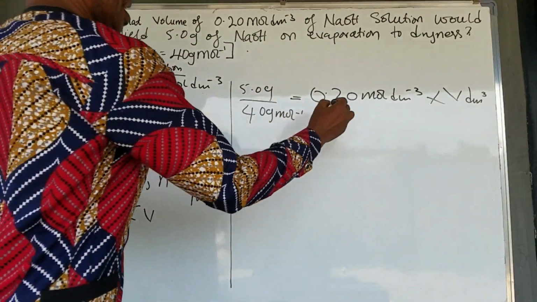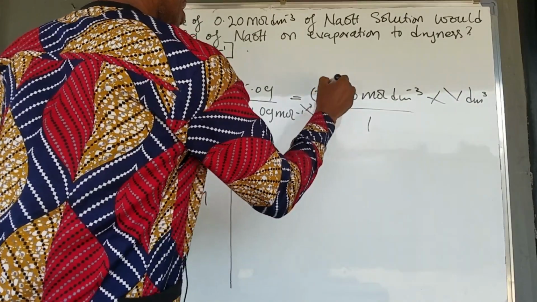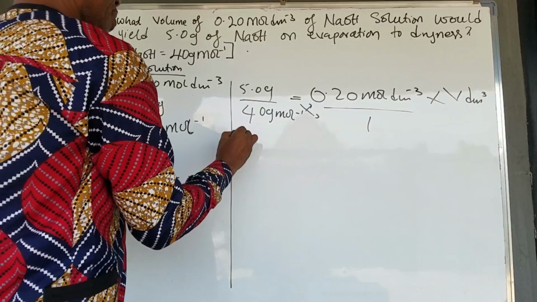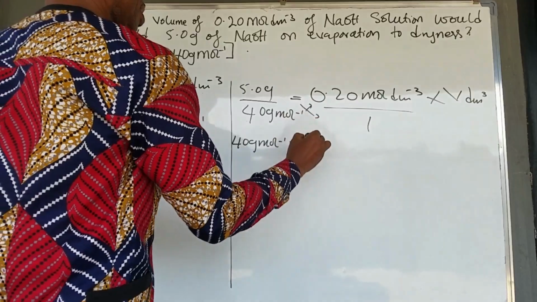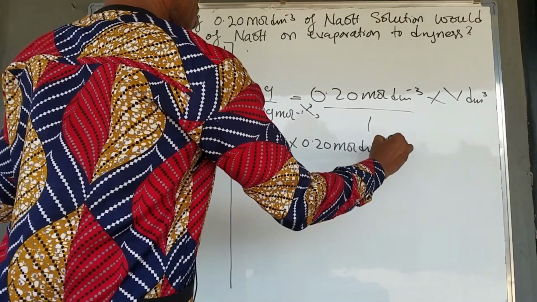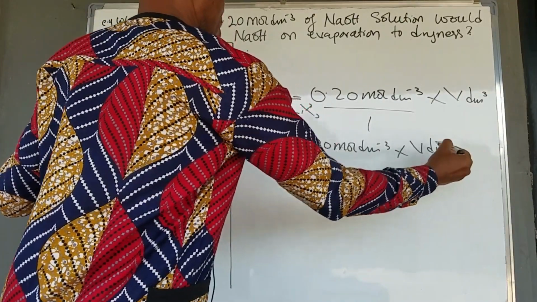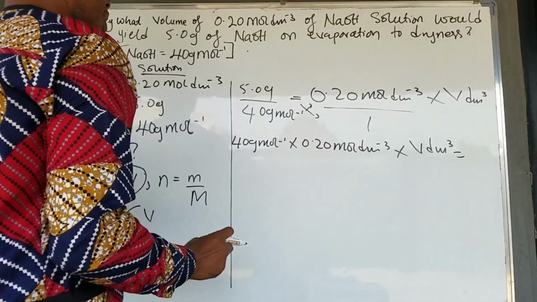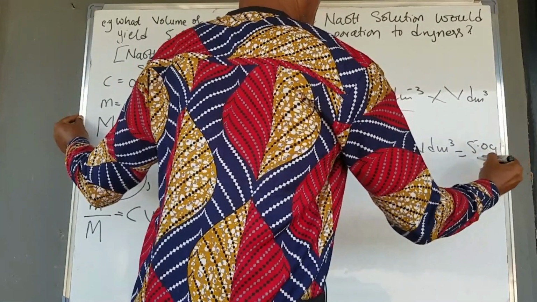So with this, I can simply cross multiply, and this will now give me 40 grams per mole times 0.20 mole per dm³ times V dm³ is equal to 5.0 grams times 1, which would definitely give you 5.0 grams.